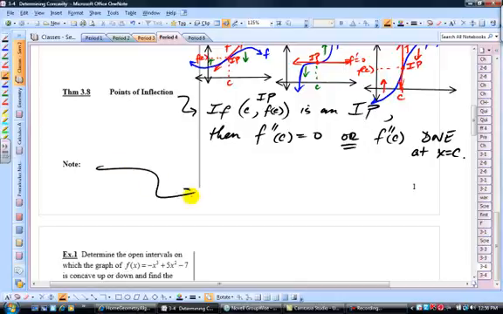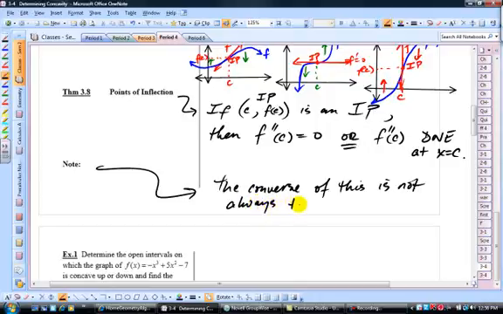Now, a little note here is that the converse of this is not necessarily true. The converse of this is not always true. Okay?